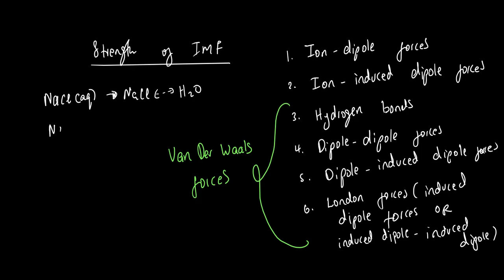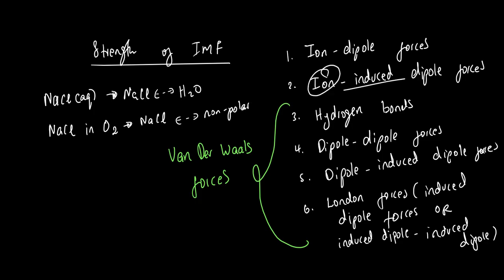If you put NaCl in, let's say, oxygen, then you have an ion and a non-polar molecule, so you are dealing with an ion induced dipole.